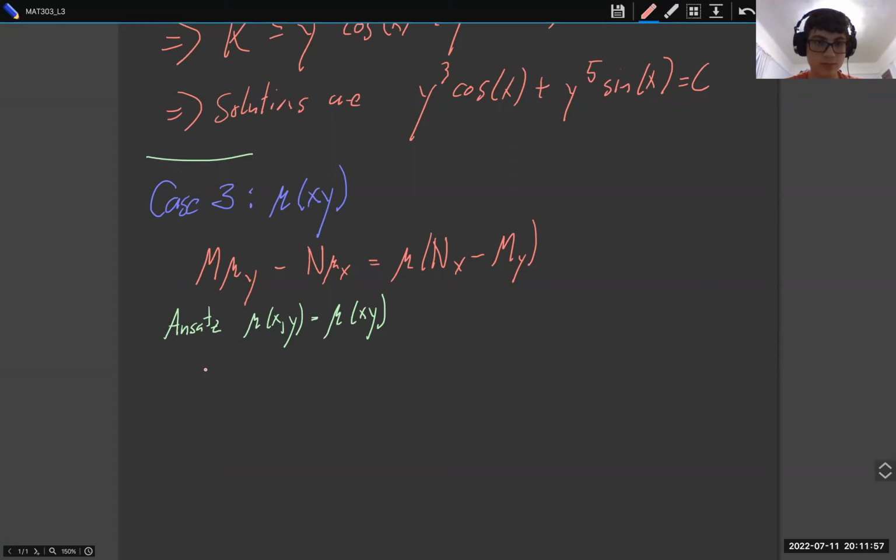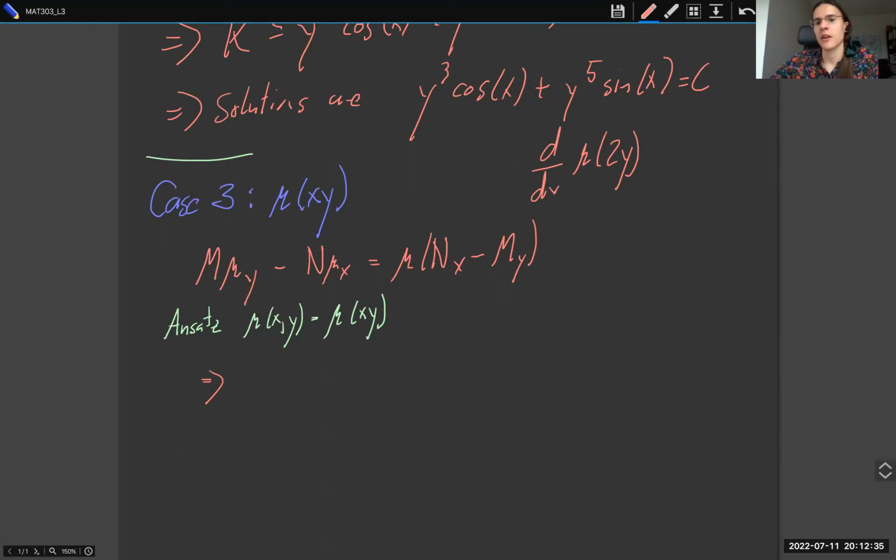Well, x is a constant, so you're doing the chain rule here. Imagine that x were a number, let's say mu is equal to mu of 2y, and we took the derivative of this with respect to y. Then what would we get?